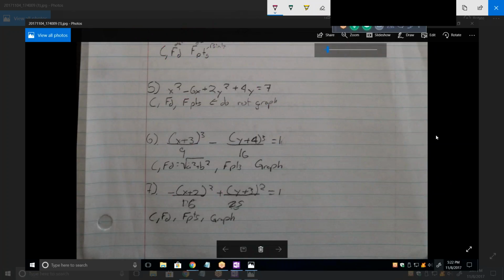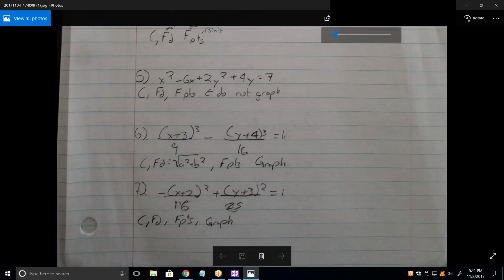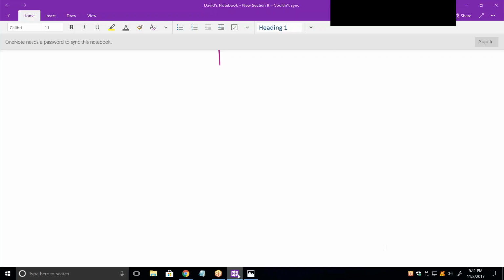Want to go on to hyperbolas tonight? We can get as far as we can. Yeah, let's do it. First place to start is the general format. I think I'd be better off if I do it this way, with a little more writing room.